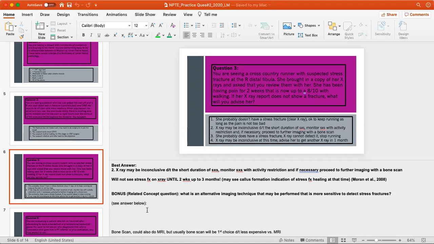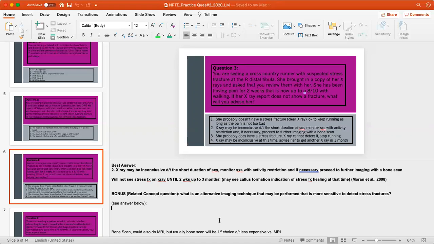And then they will image that individual, and the tracer uptake is dictated by metabolic activity of the tissue in question, in this case bone. So there'll be more metabolic activity in areas of injury that the body is trying to repair. And so that could indicate stress fracture pathology.